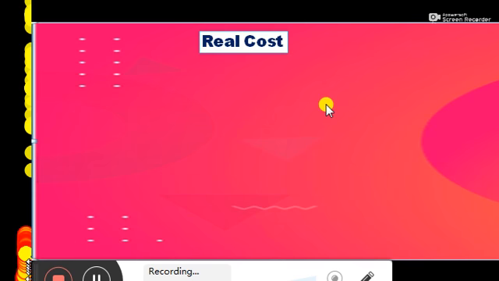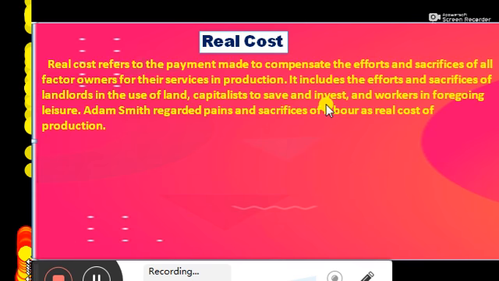Okay. Next, real cost. Real cost is something different from the money cost. Real cost refers to the payment made to compensate the effort and the sacrifice of all factor owners for their services in production.